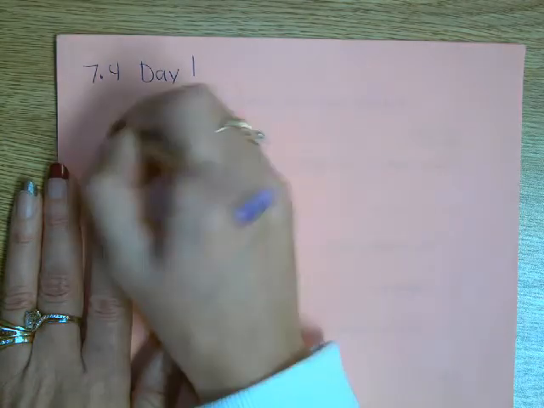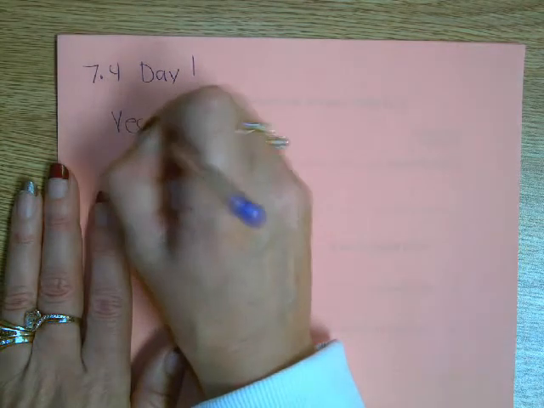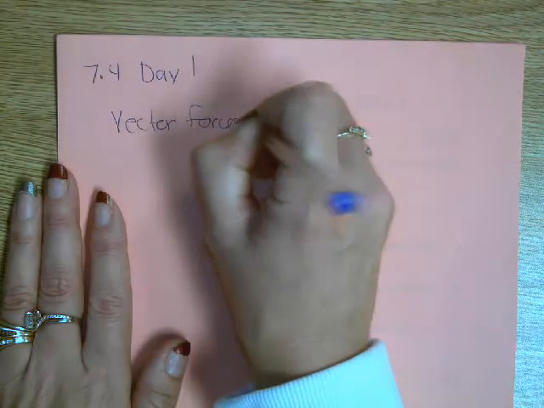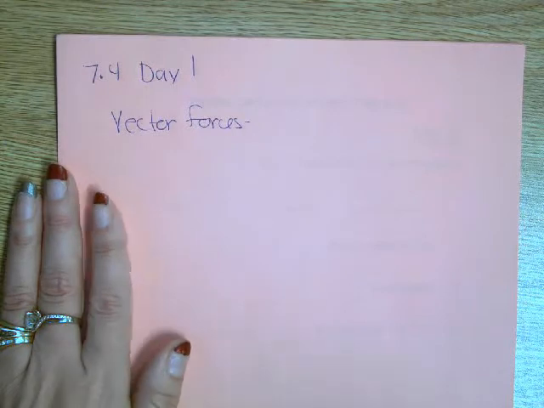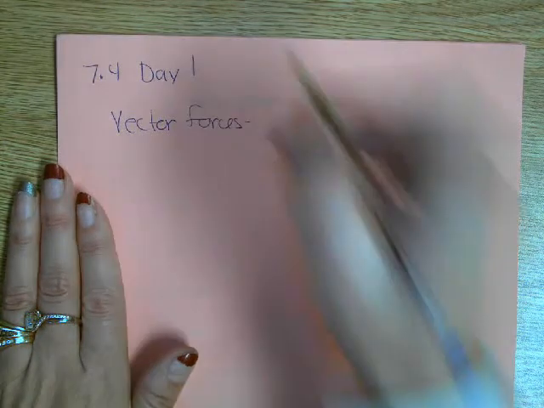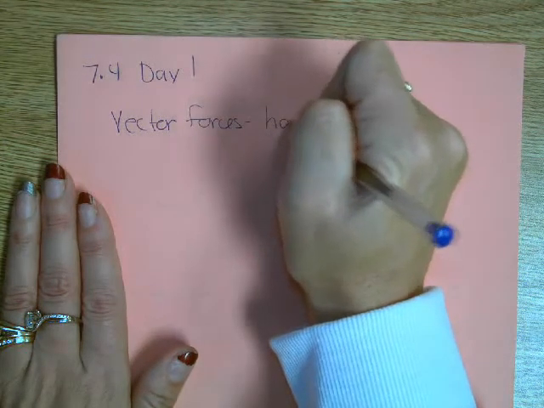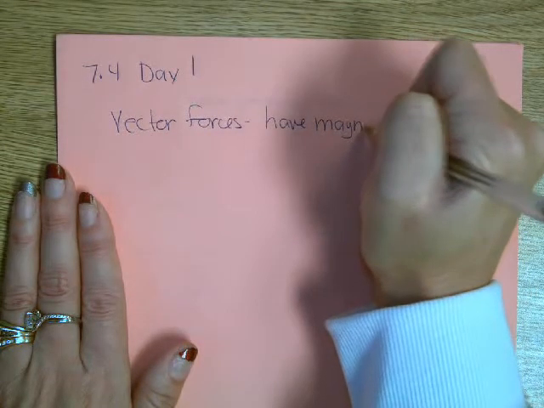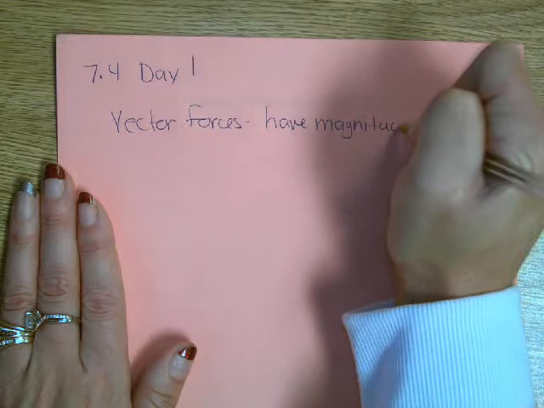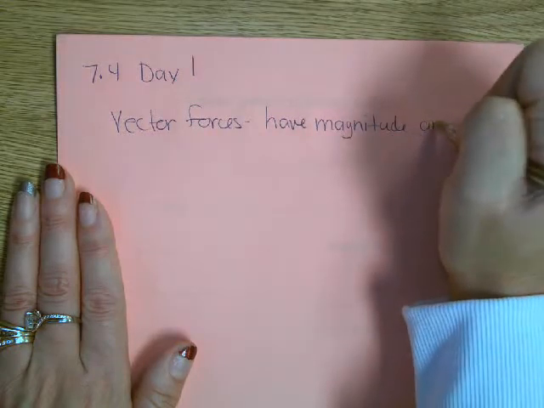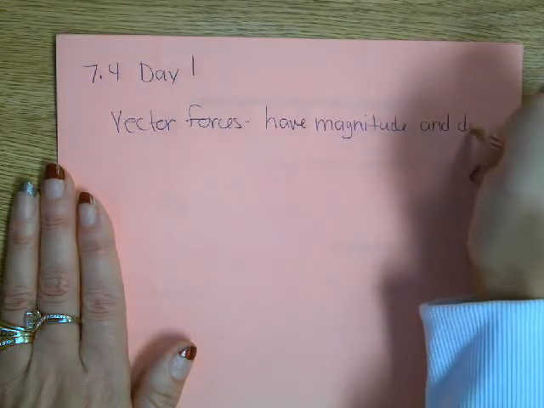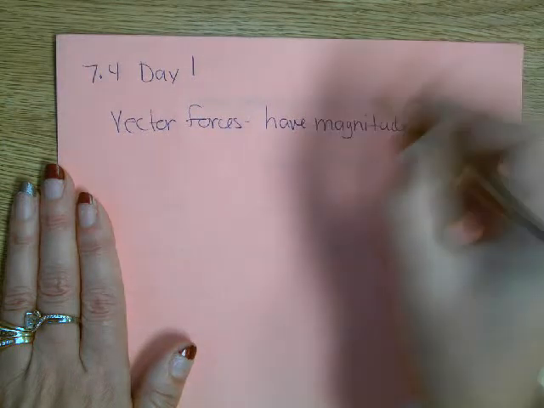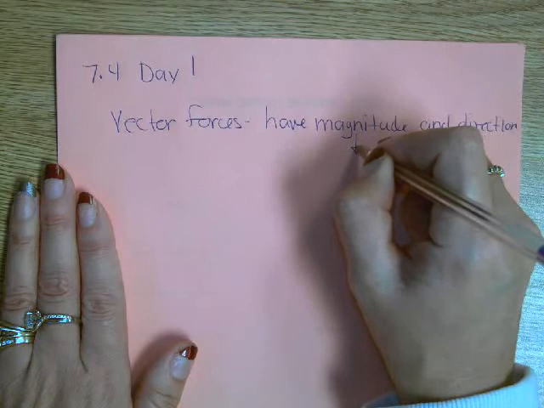Like I said, we're talking about vector forces today. And when we talk vectors, there's 2 components to a vector. They have magnitude and direction. Magnitude is some kind of force or length.